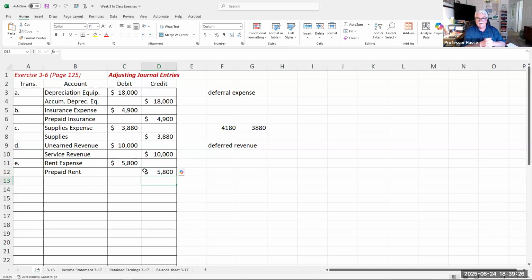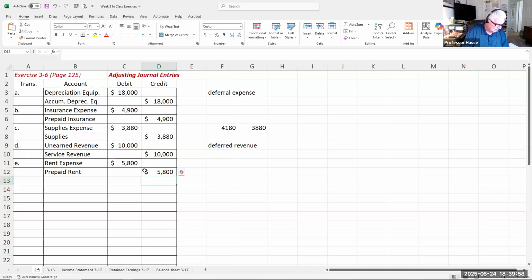And this is where, especially as a graduate student, you should be able to figure this out. A transaction like this, transaction E and transaction B, would confuse a lot of first-year accounting students. They're both adjustments to the prepaid account, but they're worded differently. In transaction B, they tell us that the ending balance of the policy should be $1,100 in the prepaid account.